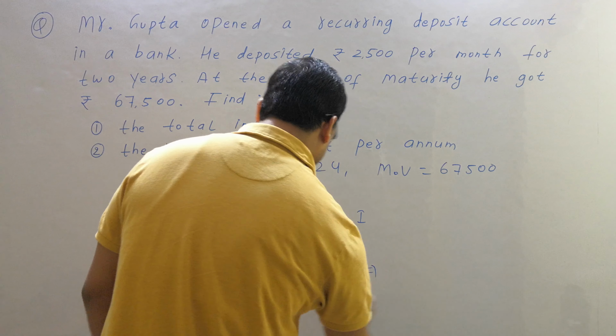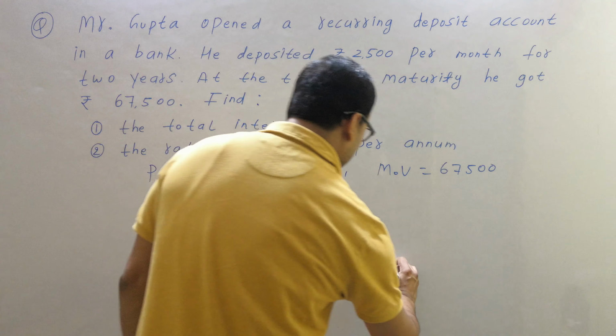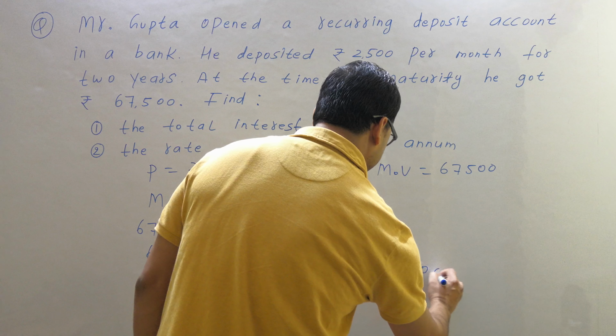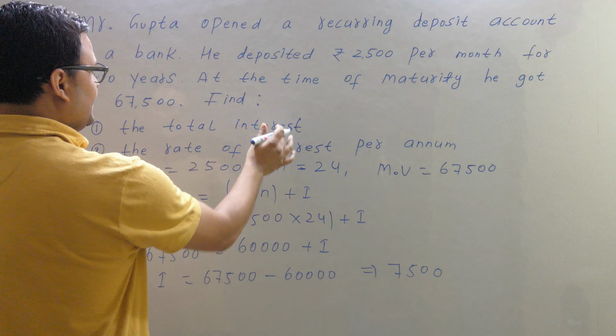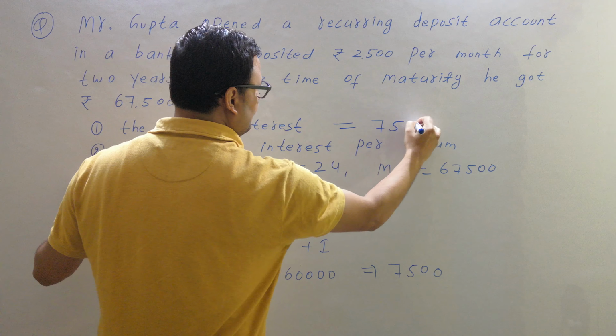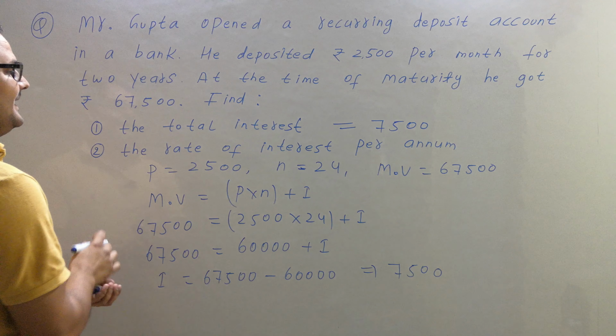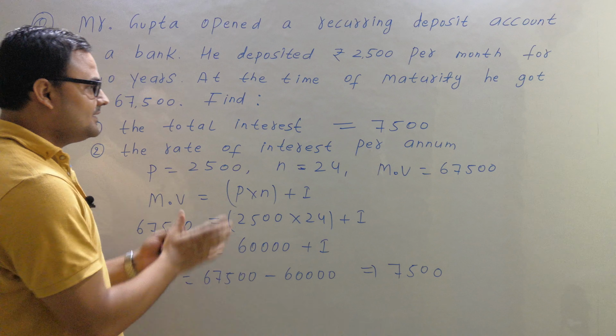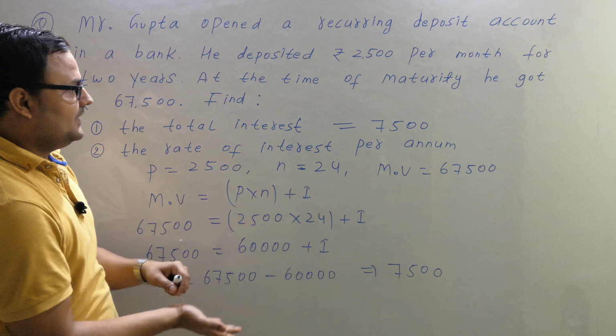If I do this subtraction, I will get 7,500. So the total interest equals 7,500.